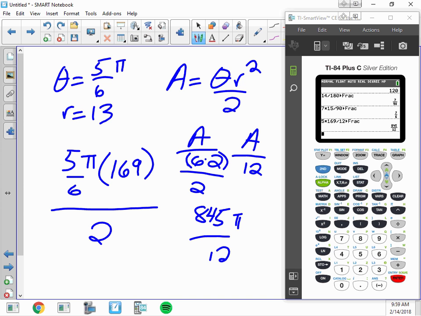The area formula on 429 is 1/2 r squared theta. And then if you turn the page, example 6, it's 1/2 r squared theta times pi over 180, which just means we convert to radians. So really there's only one formula, and you use it in radians.